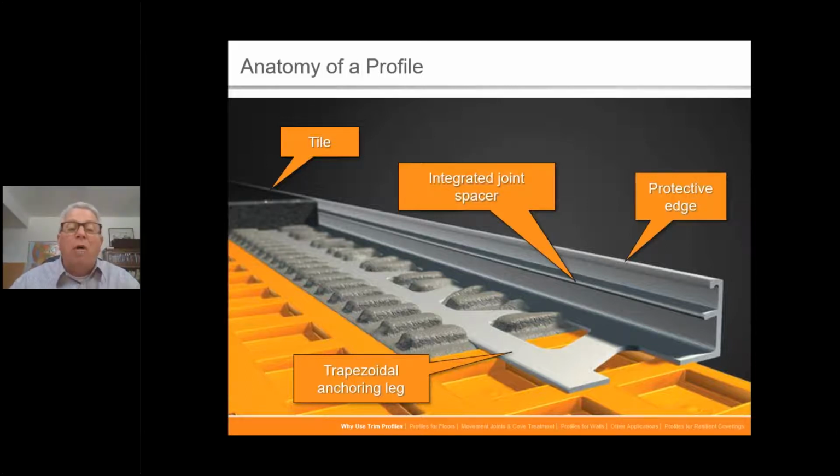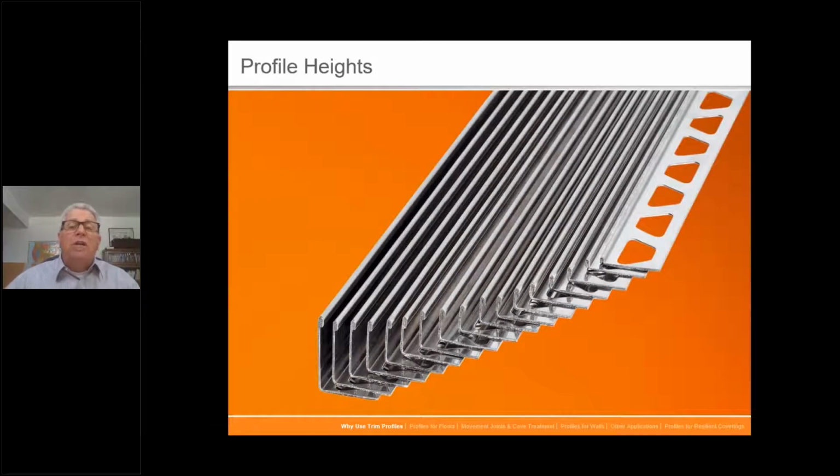And you can see how that works its way down into the bond coat, holds it firmly in place, but doesn't interfere with the 90 to maybe 95, 100% coverage that you need to have between the tile and the substrate below via the bond coat, the thin set. So that's what we're looking at here, is that edge protection, and to finish off that edge, make it look real professional. Of course, these profiles come in various heights to match the thickness of your tile.